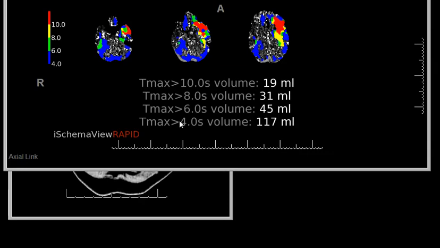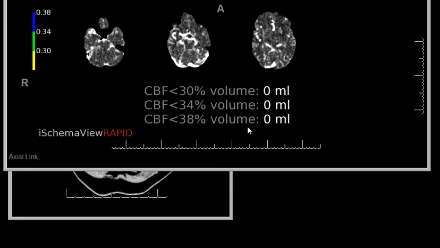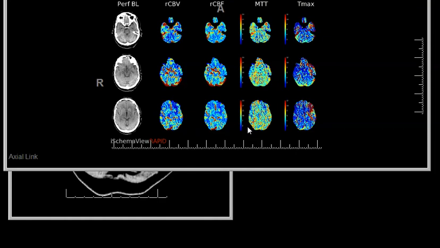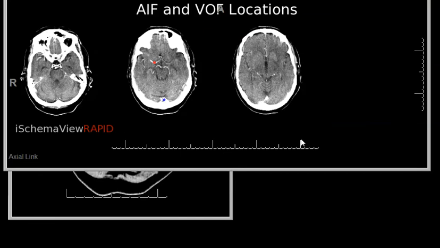The Tmax greater than 6 seconds, which is the green color, showed there's a lot of delayed perfusion. So there is a mismatch between MTT and Tmax.